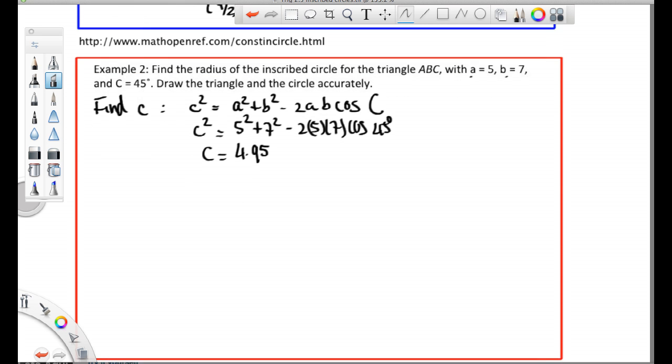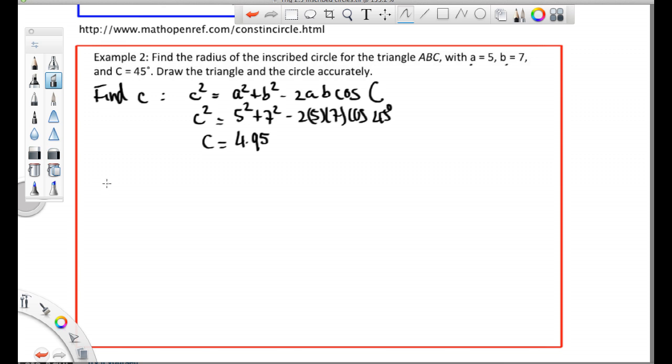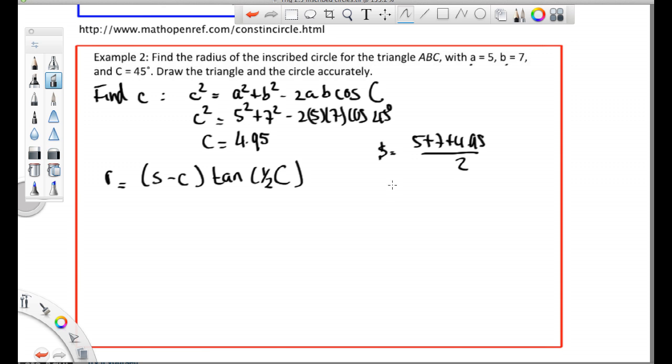Once I know this, I can use the fact that the radius is the semi-perimeter minus that side times the tangent of half of angle C. So I do have to find the semi-perimeter here, which is 5 plus 7 plus 4.95, divided by 2. So that semi-perimeter is 8.475.